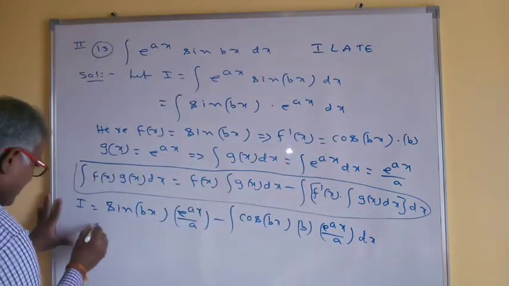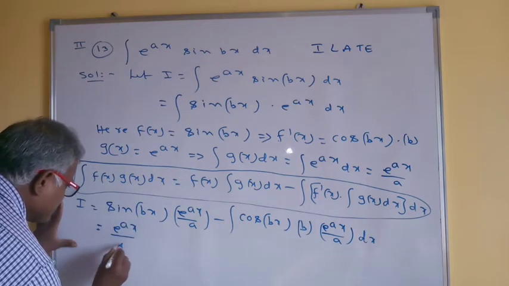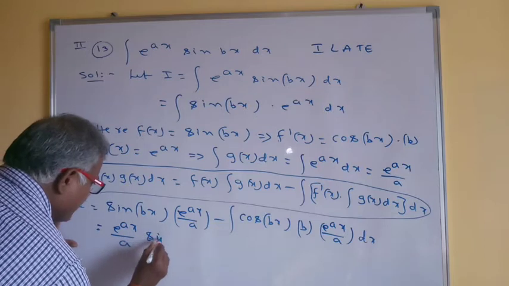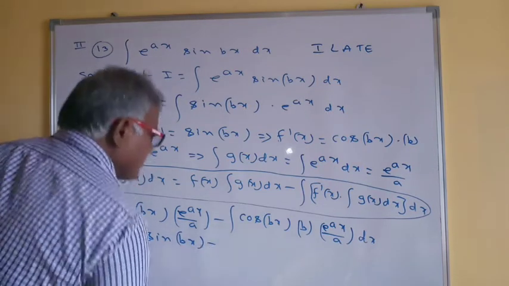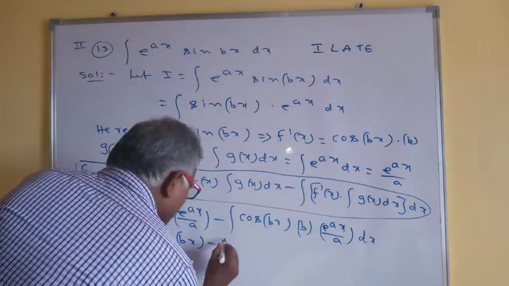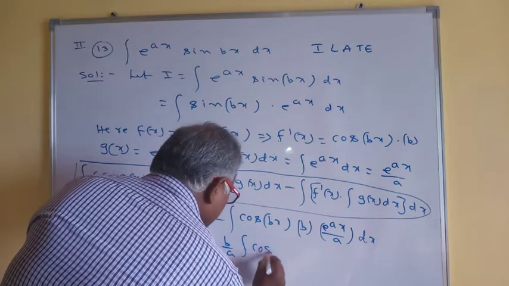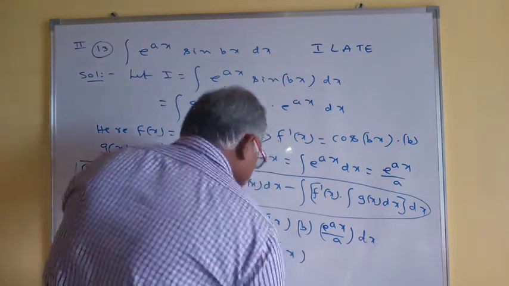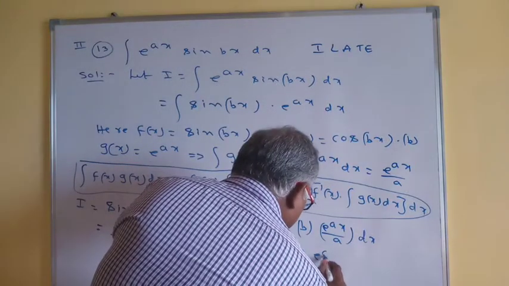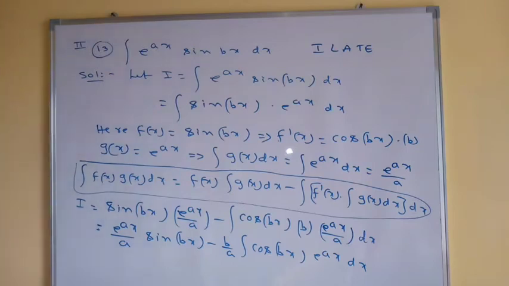Now here I write it like this: e power ax by a into sin bx, minus b by a into the integral of cos bx into e power ax dx.